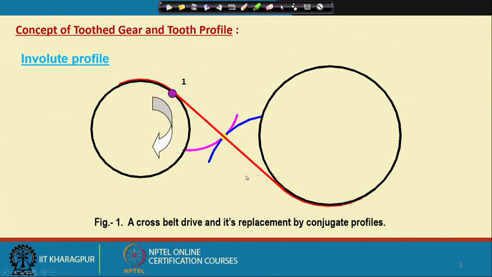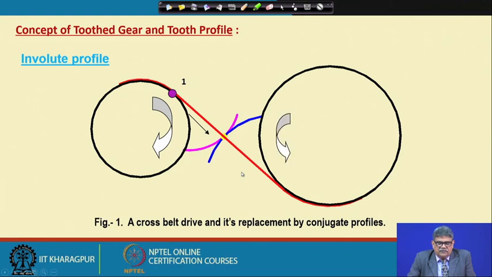Then this drum is rotated in clockwise direction, and due to this motion, the belt will move in this direction and the other drum is moving in anti-clockwise direction.